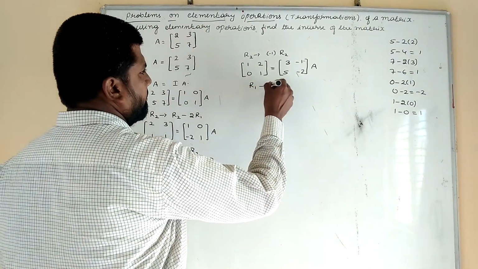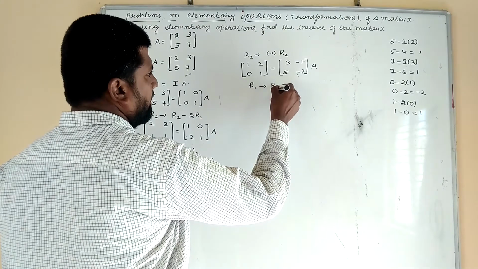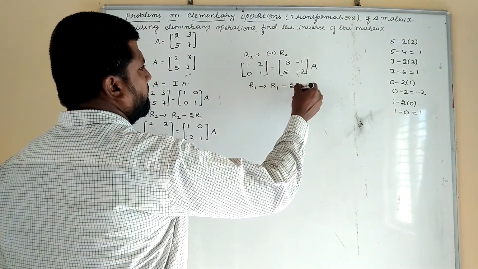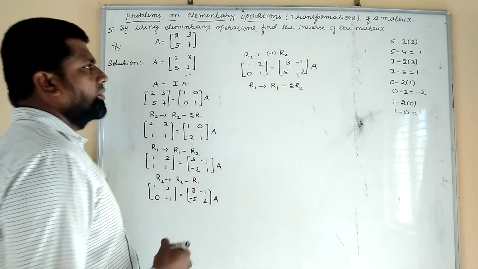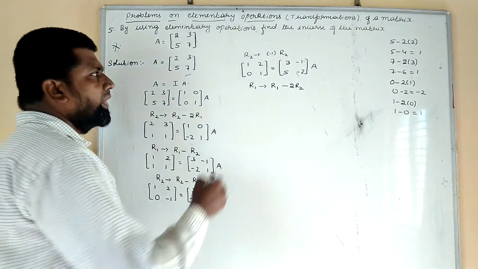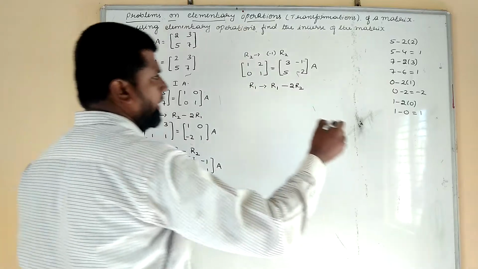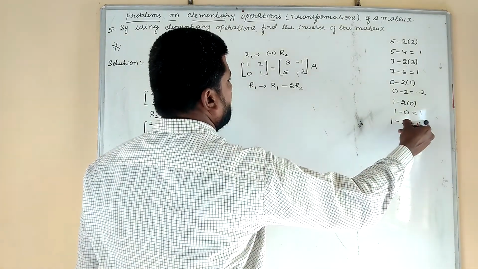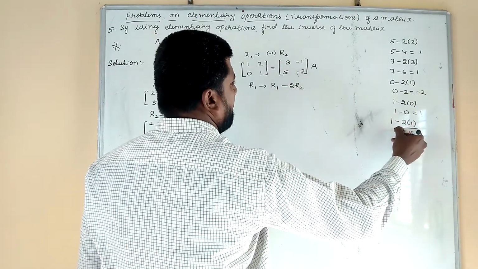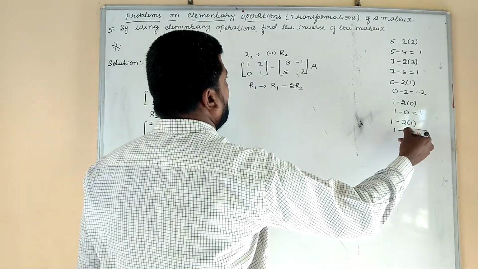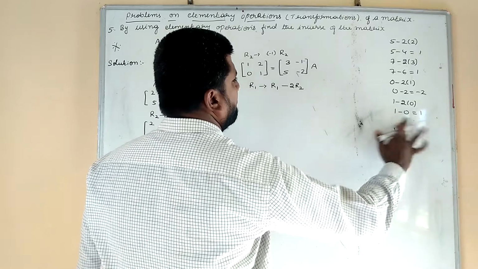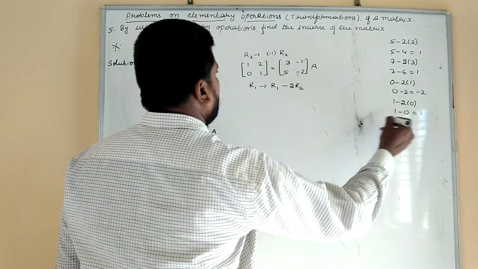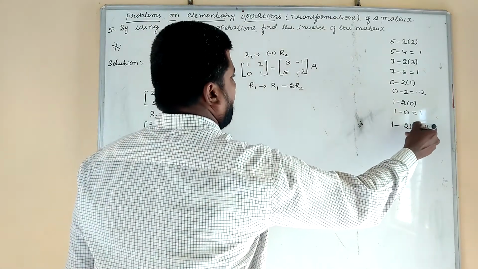R1 changes to R1 minus 2R2. So R1 is 1 minus 2 into 0.